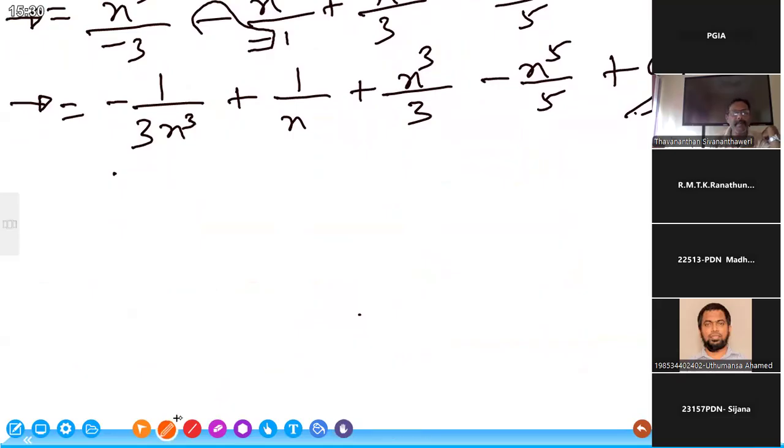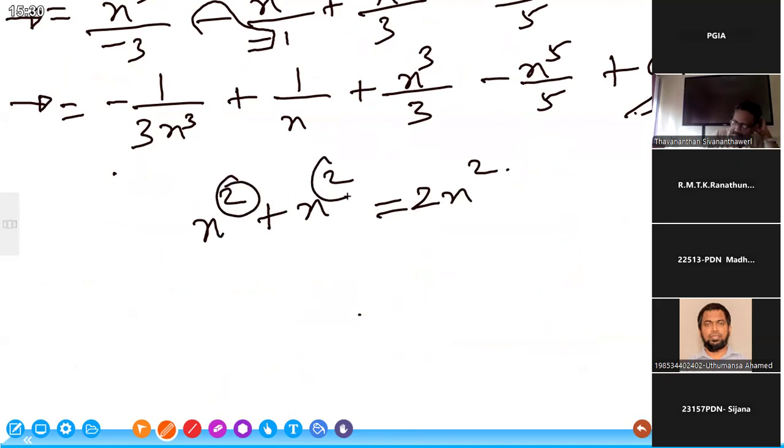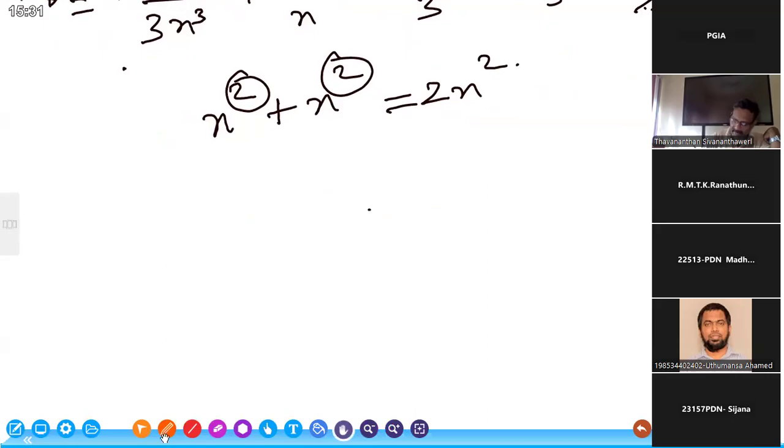Those are in different powers. Okay, sir. For example, x square plus x square is okay. That is 2x square. That is fine. Because these powers are different, you cannot simplify easily. Right.